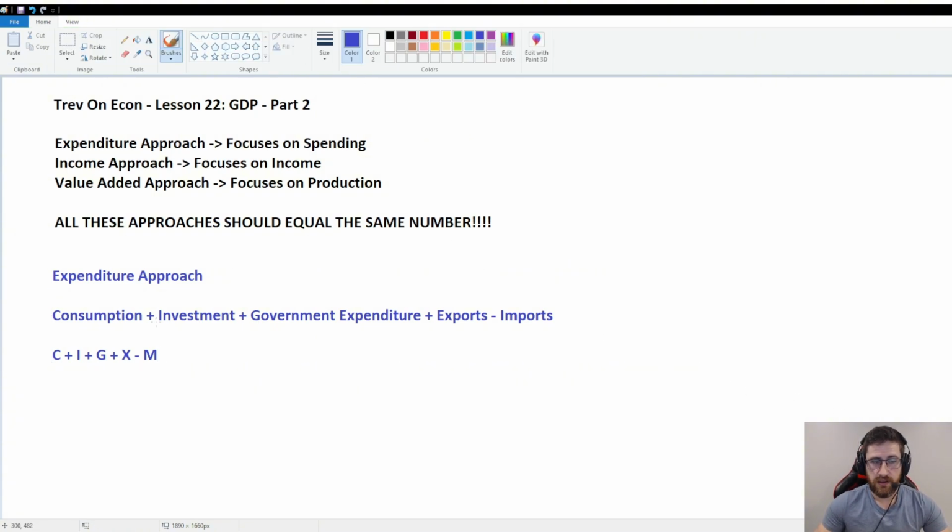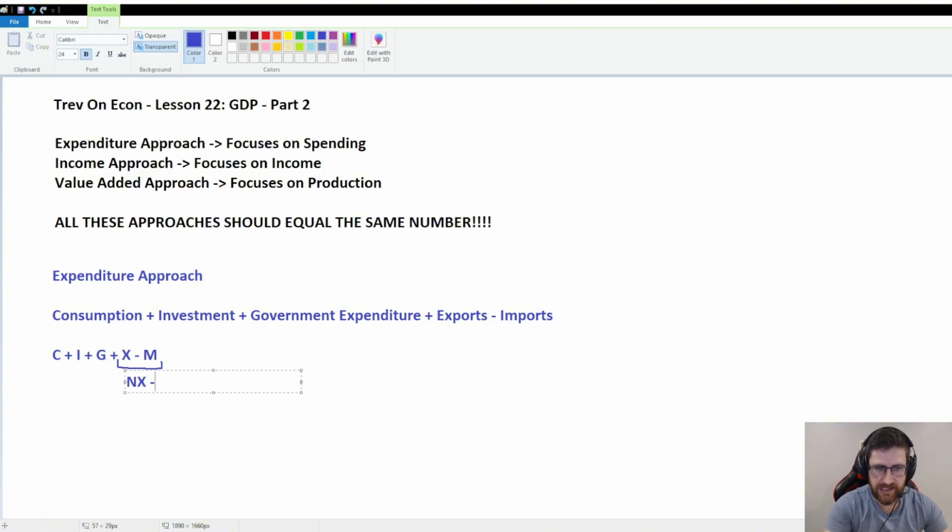Now, quick thing I'll note here, some people combine these 2 into what's called NX, and that just stands for net exports. Okay. Just don't be surprised if you see X minus M or NX. They're pretty interchangeable.